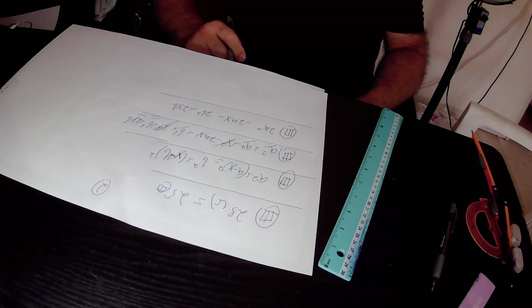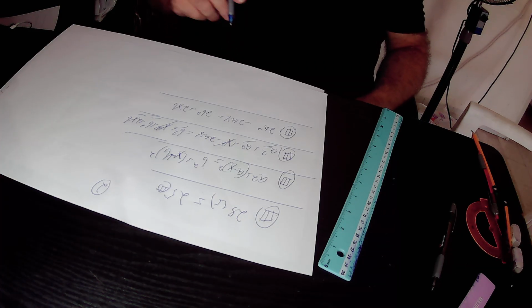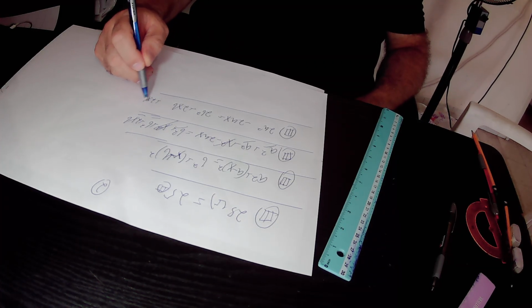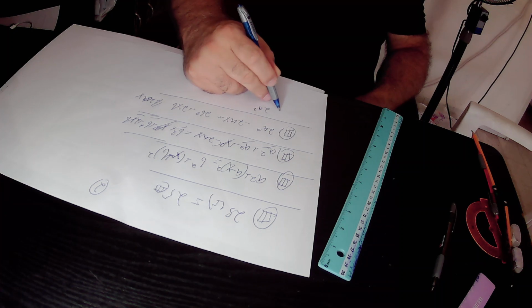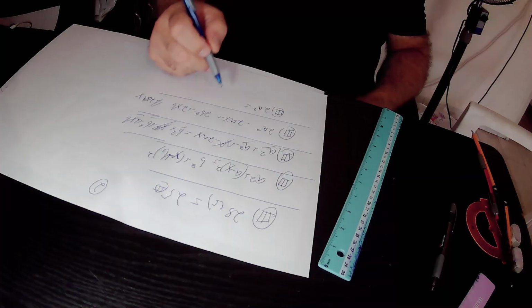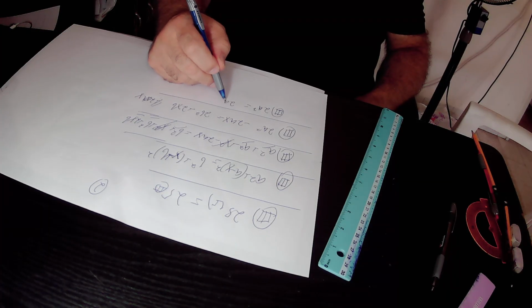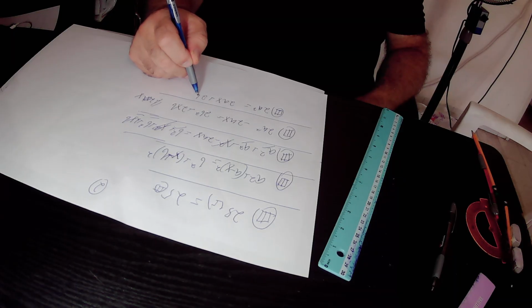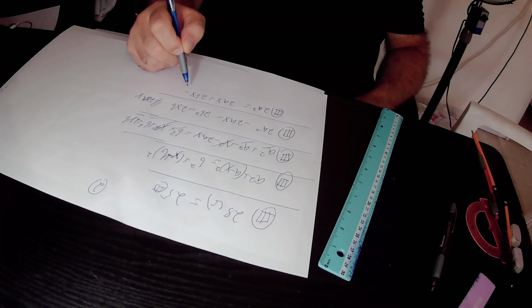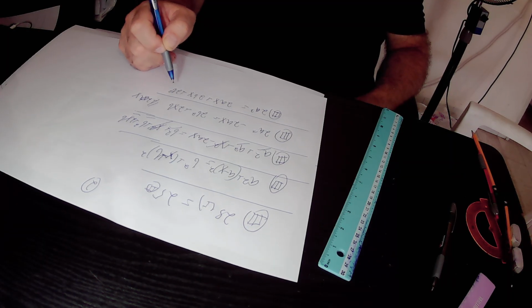Here we will add 2AX to this equation, and we get that 2A squared equals 2AX plus 2BX plus 2B squared.